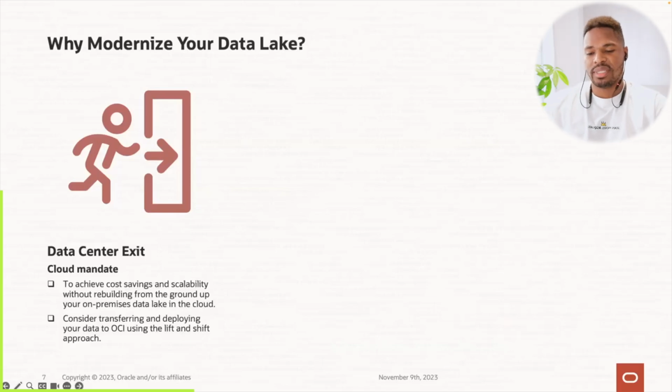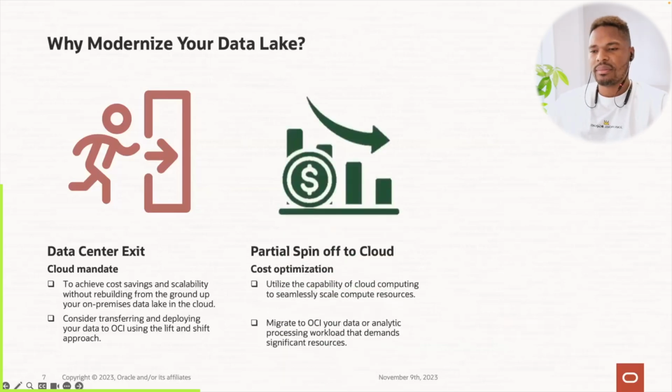And also another reason for this cloud mandate can be to take advantage of the resilience that the cloud infrastructure will provide, apart from other benefits such as you don't have to manage the infrastructure, you don't have to deal with, let's say, electricity bills of your data center, and so on.